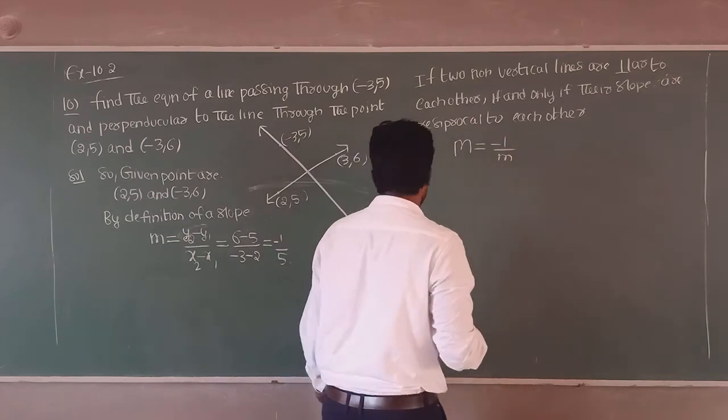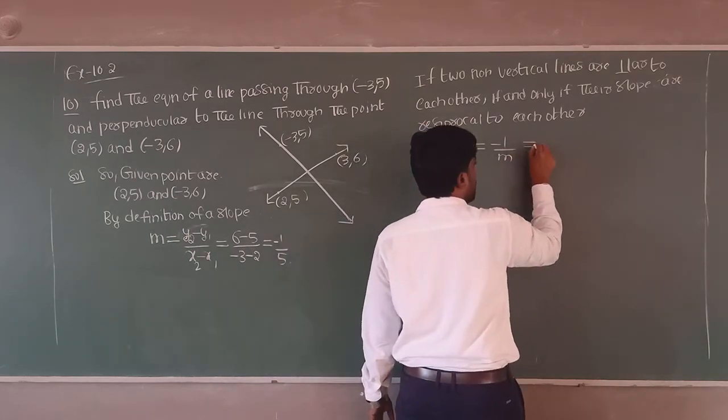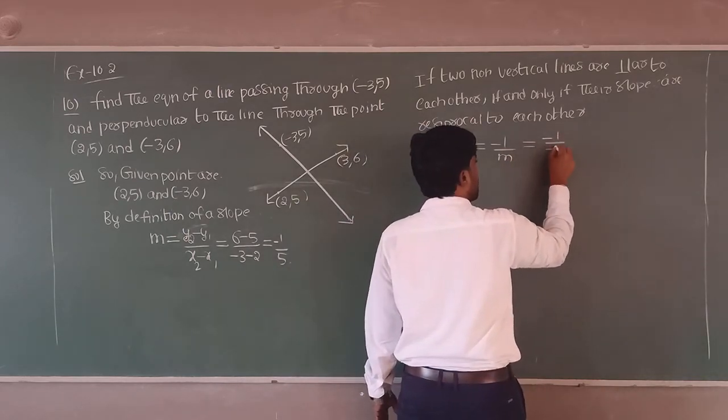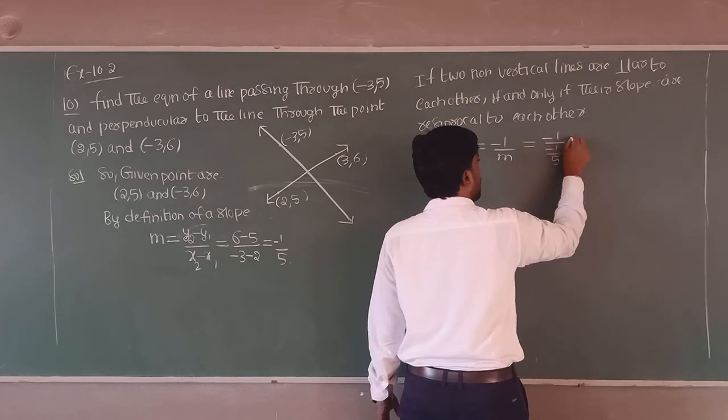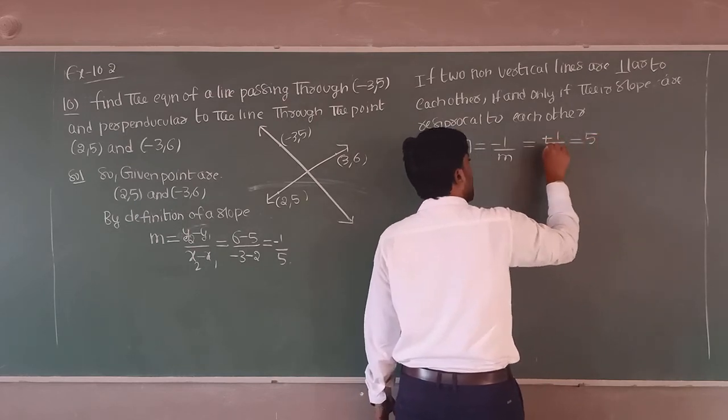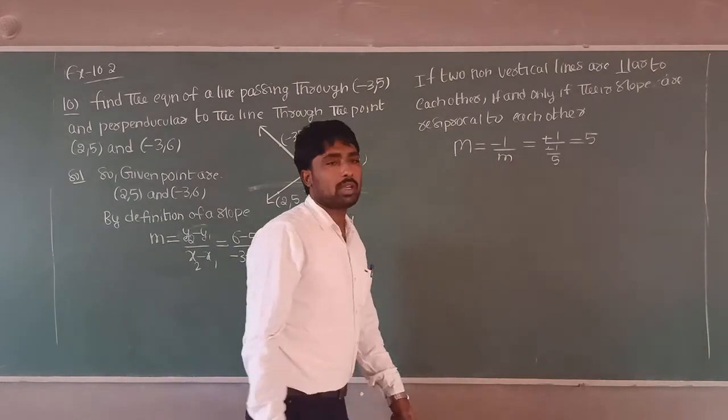Okay, so what is the small m value? -1 by 5. So what do I get here? Minus gets cancelled. 1 by 5 becomes 5.